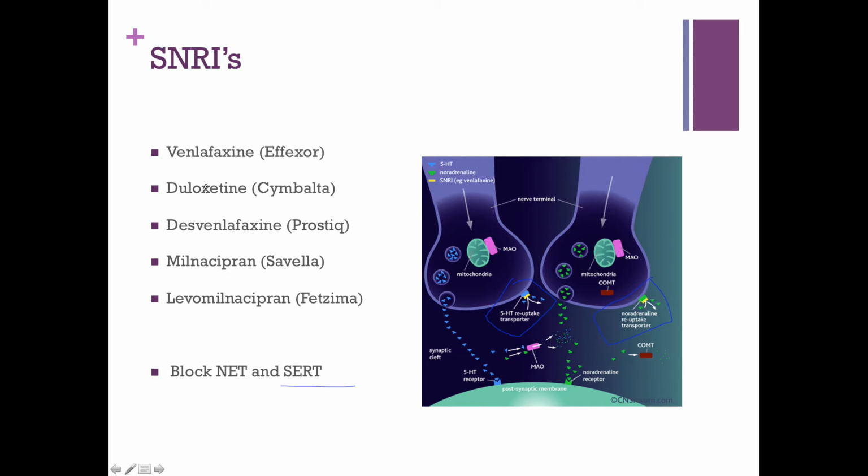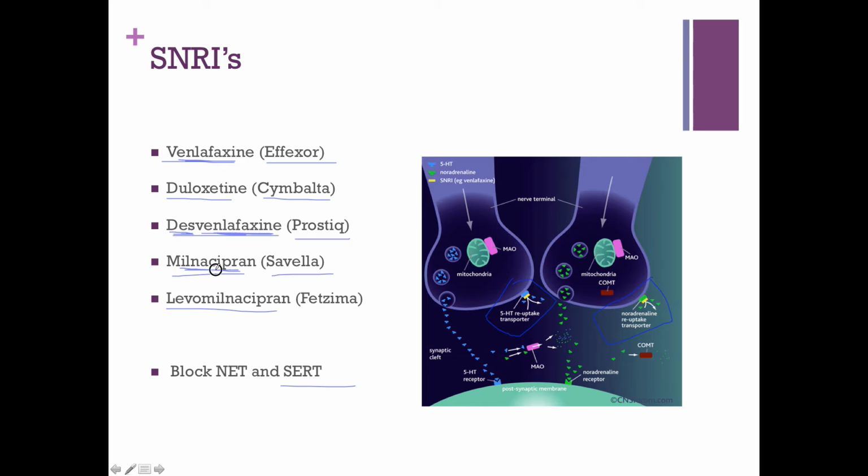The most common one, the highest grossing, is Cymbalta, which is duloxetine. Venlafaxine is Effexor. Desvenlafaxine, see the venlafaxine, this means it's got a little something added to it, is sold as Pristiq. Milnacipran is Savella.